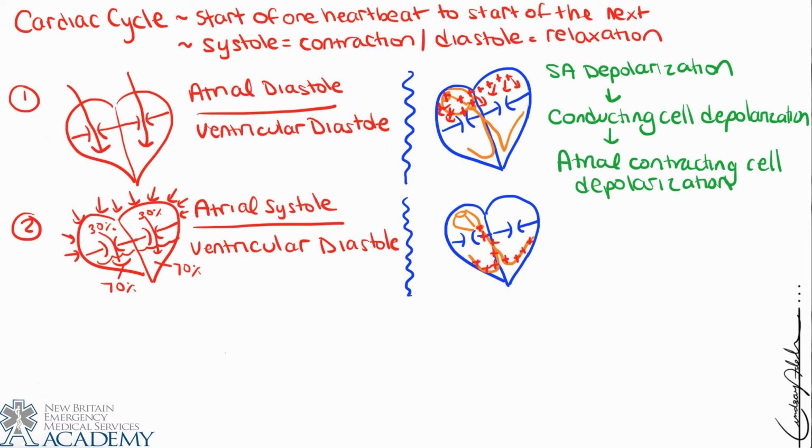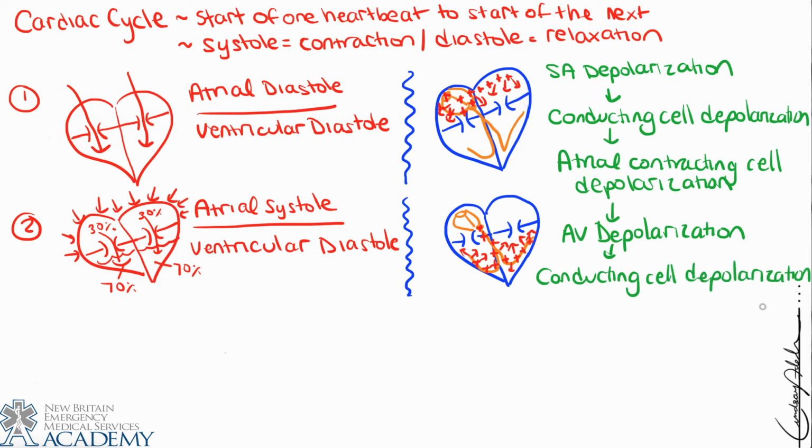So positive charge is going to travel from the AV node through the conducting cells of the ventricular electrical pathways, and then eventually to depolarize all of the ventricular conducting cells. And once the ventricular conducting cells have been depolarized, we're actually past the point of atrial systole, and we're about to begin ventricular systole or ventricular contraction.